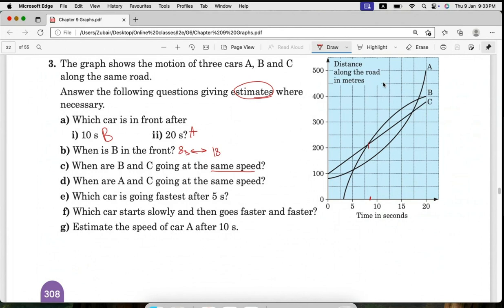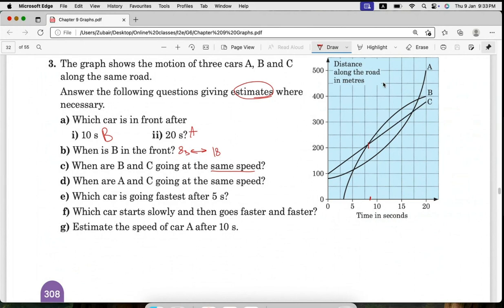So it will be when they're going the same speed, when they both are connecting. No, when they are connecting or intersecting, that is the same distance. Okay, so like when they are at time 20. At time 20, I don't think so.